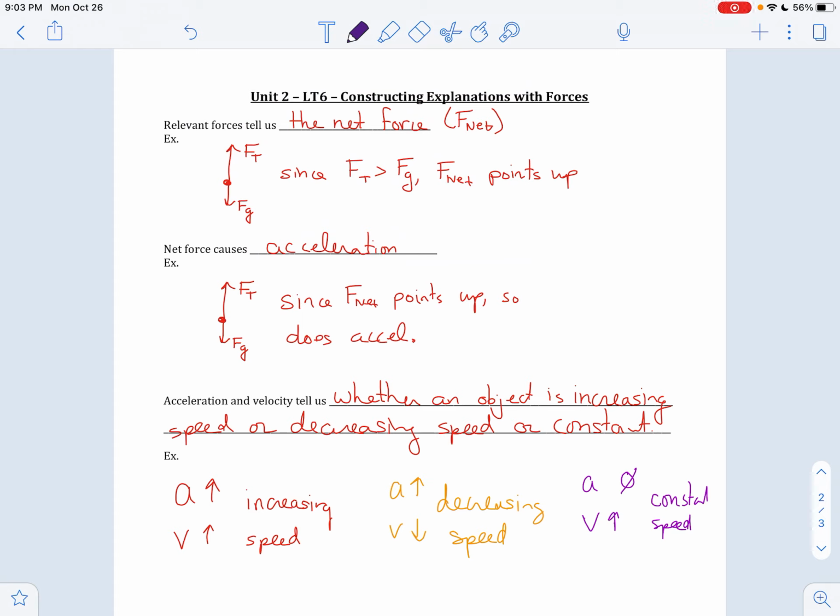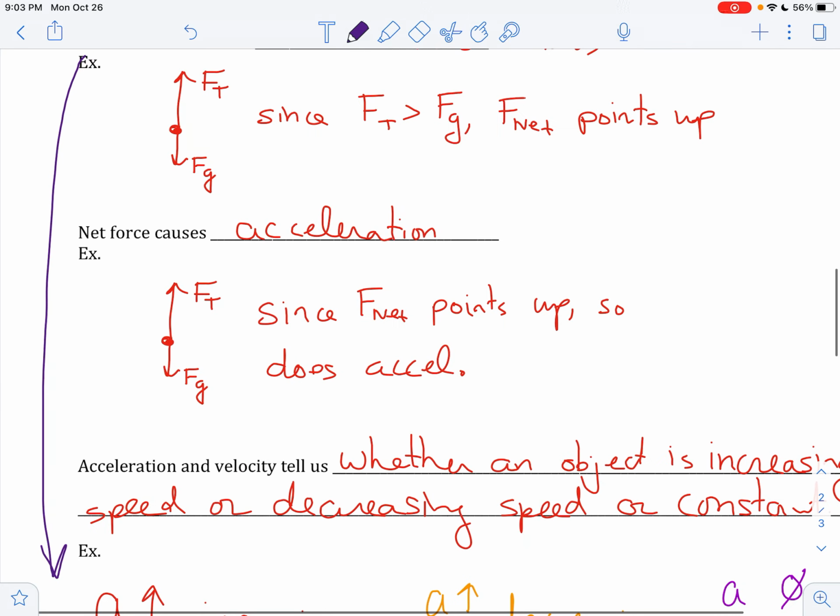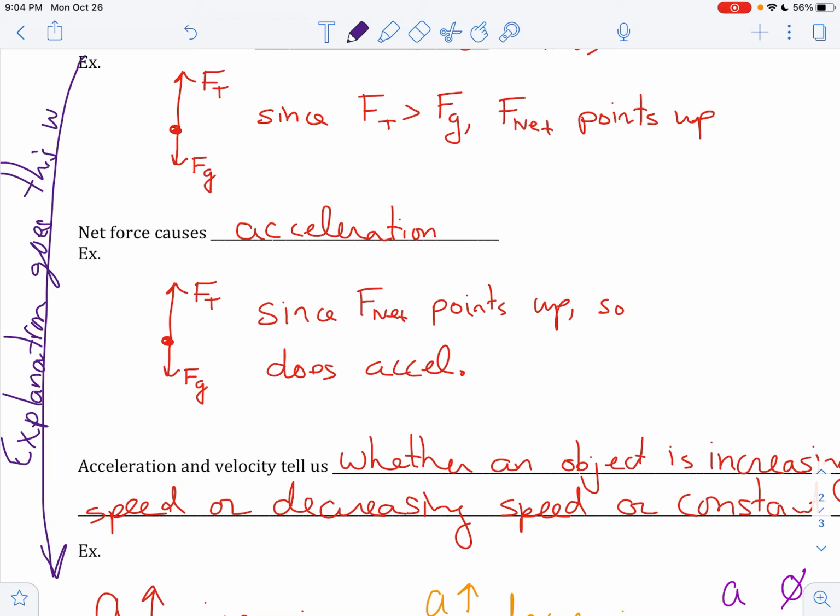Now, one thing to remember here is that our logic, our explanations, sometimes go this way. If you're given the forces, you have enough information to do the forces, so the explanation might go this way. This is sometimes.